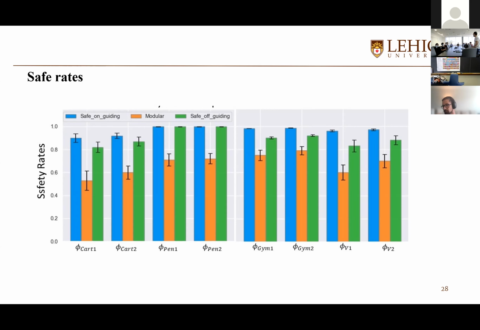The space of the CLMDP, the interaction between the dynamics and the environment. CLMDP means the continuous labeled MDP.